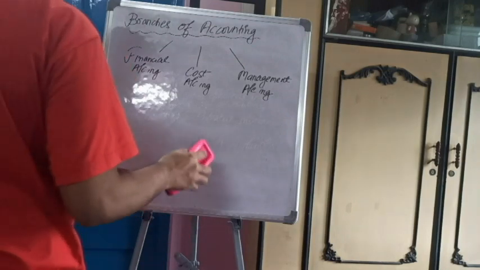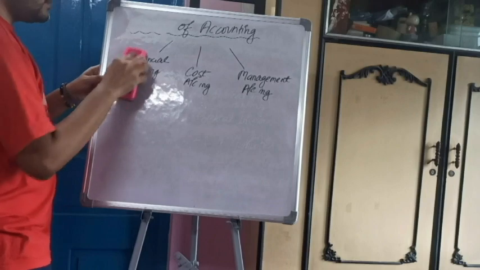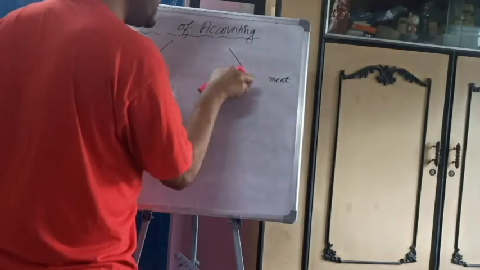Next and the last portion is systems of accounting. There are basically two systems of accounting.